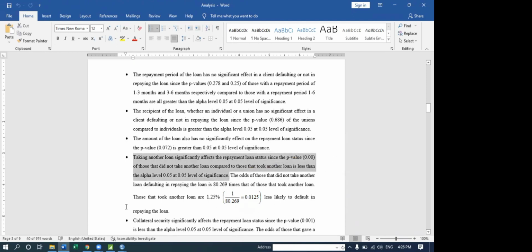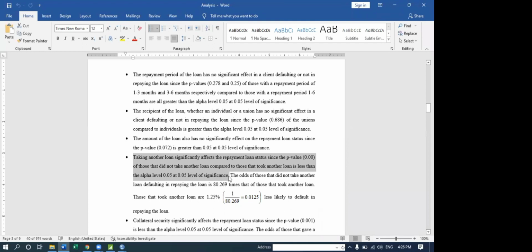That's what I interpreted in the first section. The second section is where I took the reciprocal. This first section is just trying to tell us that whether you have the mindset of taking another loan, or you don't have the mindset of taking another loan, that will affect whether you will repay or not. So that's the meaning of this.